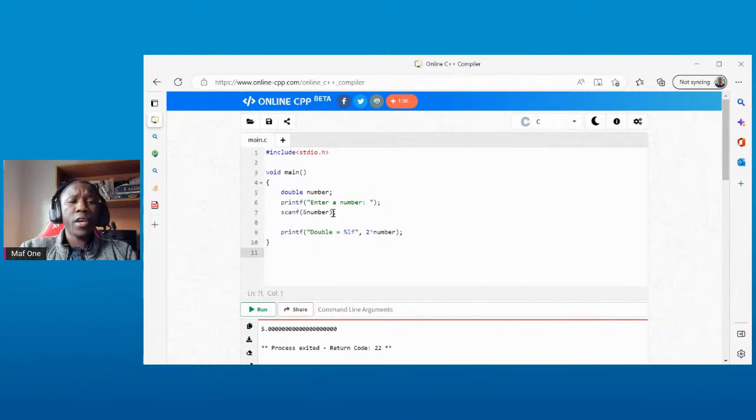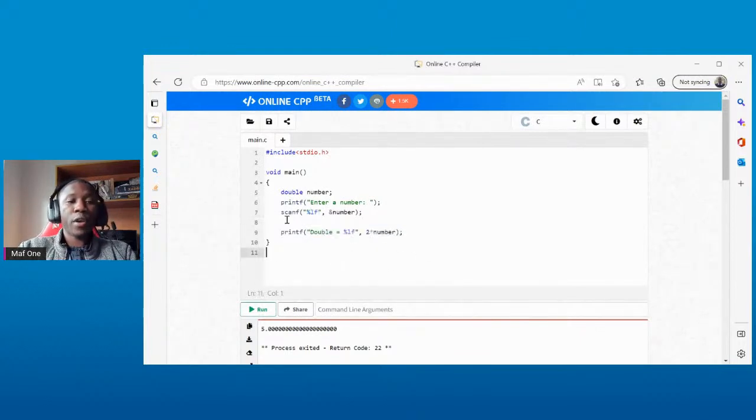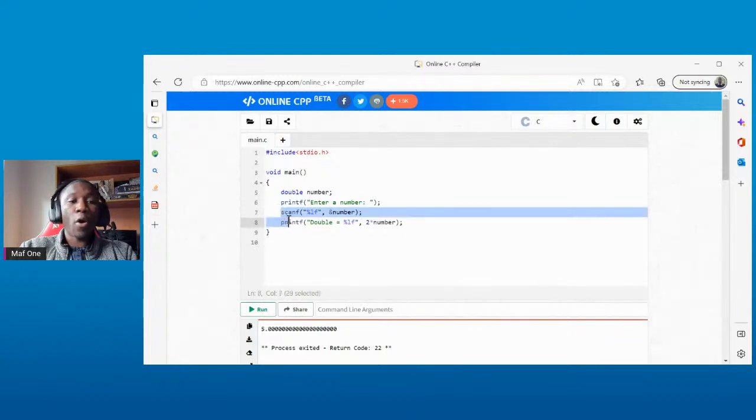So in here we have the number, but we need to say which kind of number. In the first parameter you have here, the kind of number is double, long float. So both scanf and printf need two parameters. The first one is the format. This is the format of the number that you need, and here you put the number.